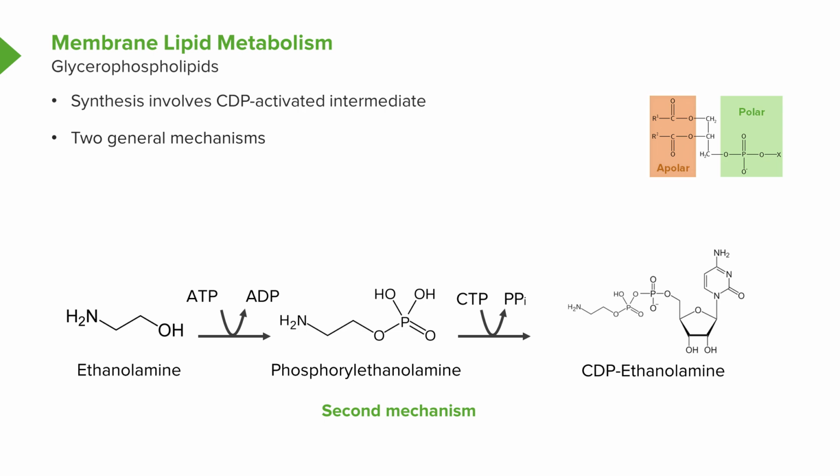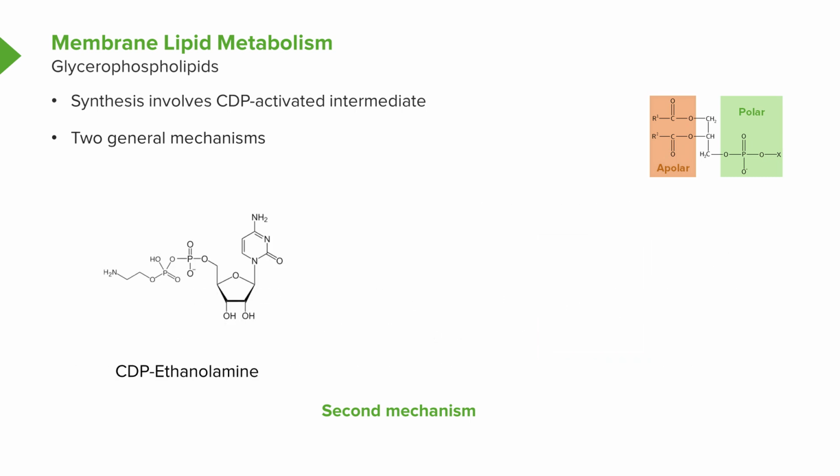This CDP ethanolamine is also an activated intermediate, so now the energy for creating the joined compound is going to come from this activated intermediate. So we see during the process of this activation that the CMP will split off exactly like we saw the CMP split off of CDP diacylglycerol earlier. The ethanolamine, meanwhile, will add to what will be diacylglycerol, as we shall see, to make the phosphatidyl compound. So here's the CDP ethanolamine here. Here's diacylglycerol.